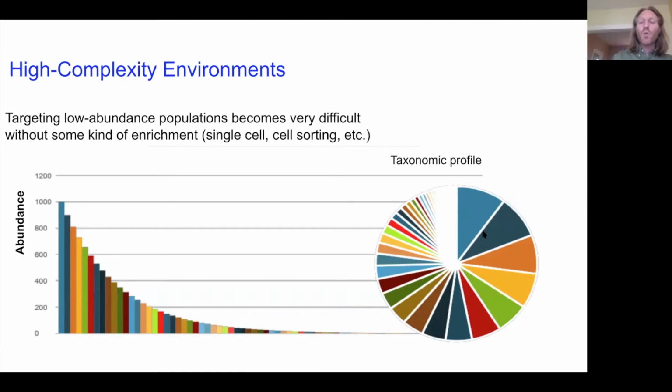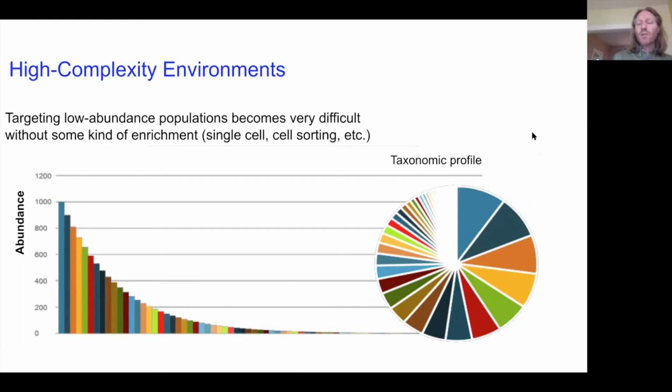You may know what this should look like before you even do the metagenomic sequencing experiment. And if you do, and you're interested in one of these very rare taxa, like this little red sliver here, it may be worthwhile for you to do some kind of preliminary exercise of enriching that microorganism.